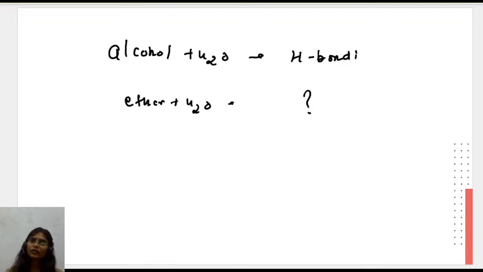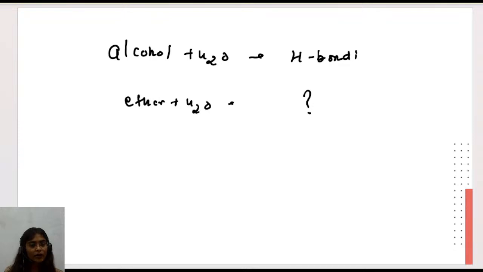Is it intramolecular or intermolecular hydrogen bonding? Come on, don't just compare with the water. Inter one. Yes, very good, Batul and Lakshmi.